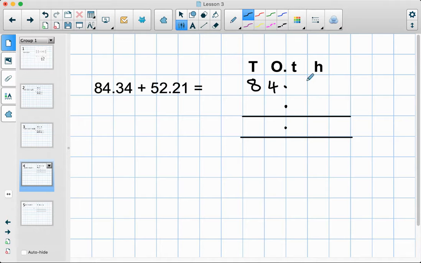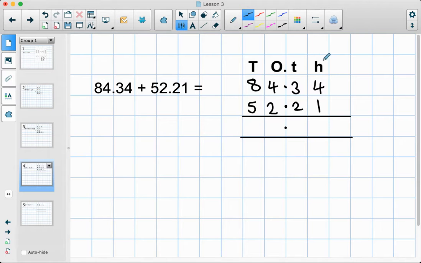And then after my decimal place, I've got 3 and 4. So I'm going to put that in there. And then again with the bottom number here, 5 and 2, and 2 and 1. So that was really easy. It was just like setting up a column addition, a normal one without any decimal places.